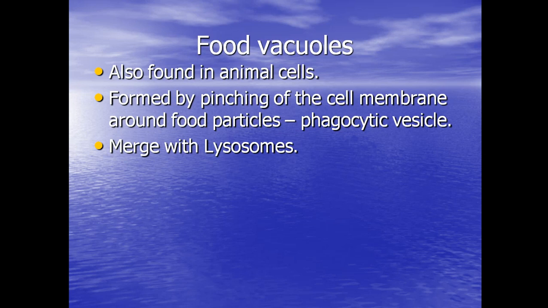That is what we call phagocytic vesicles or food vacuoles. Yesterday while discussing lysosomes, if you can remember, these food vacuoles merge with the lysosome inside and become a secondary lysosome, and the lysosomal content then breaks down the food content found within the food vacuole.